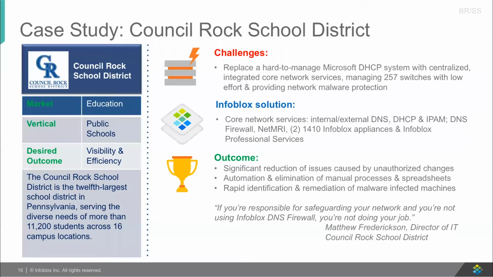Sure. So they had some challenges, really with a lot of decentralized Microsoft DHCP services, and they had a lot of network infrastructure too that they wanted to manage more efficiently and also provide some protection from malware on the infrastructure. So there's a number of things that they were looking to do and consolidate.